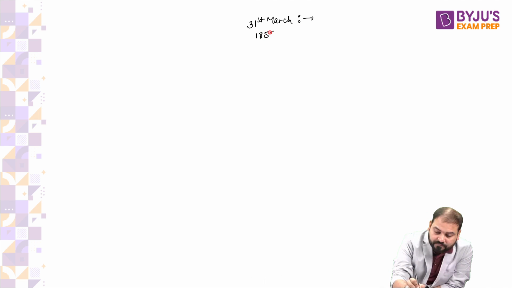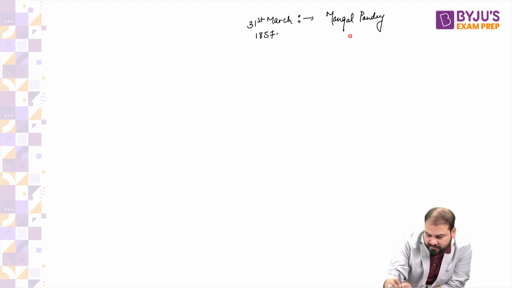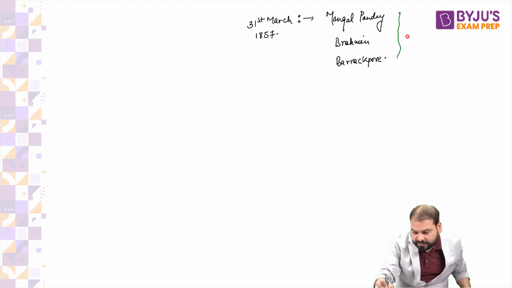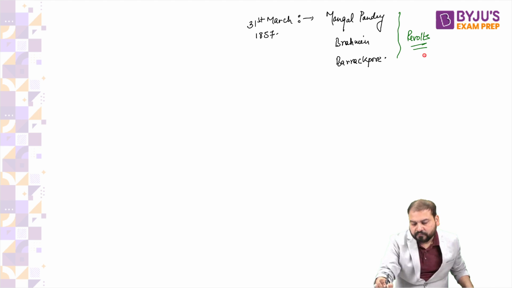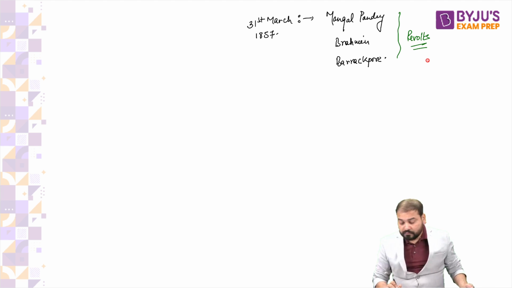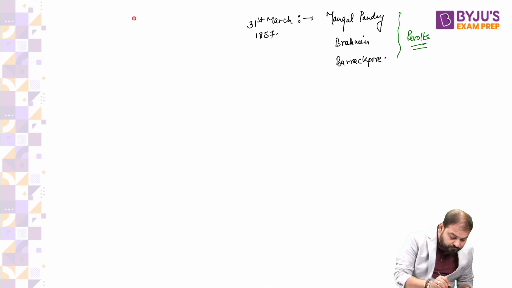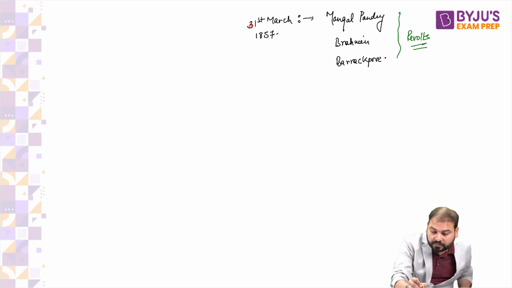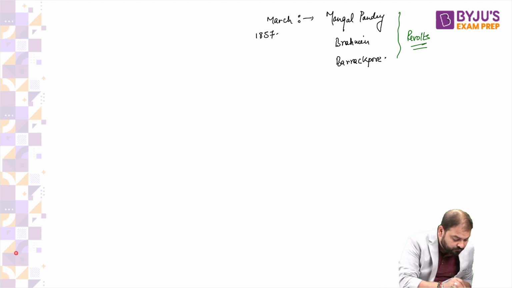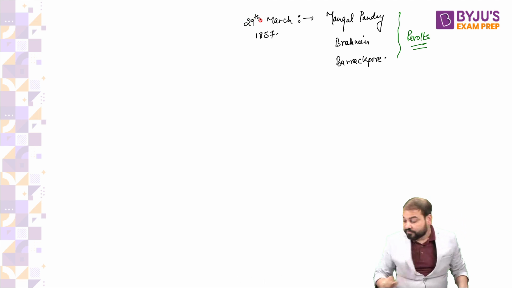31st March 1857. Mangal Pandey, a Brahmin soldier posted in Barrackpore, revolts. All of you, why did he revolt? First of all, I wrote 29th March, I wrote 31st.